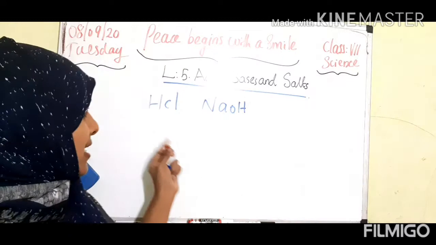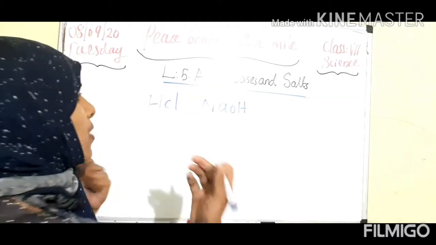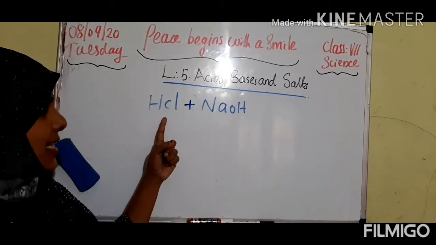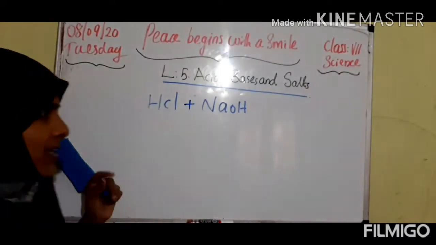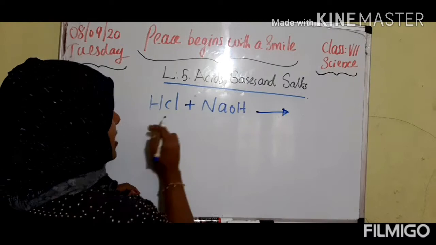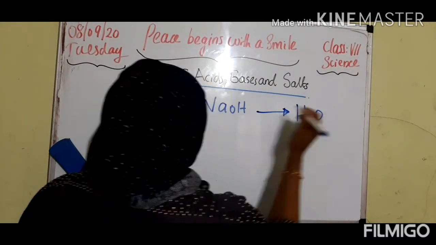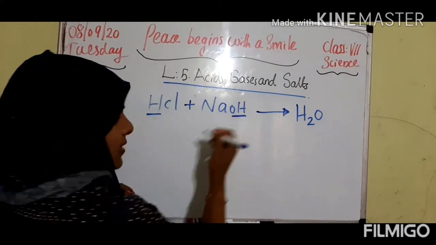What will happen if hydrochloric acid is mixing with sodium hydroxide? Which reaction will we get? We can check it. In this reaction, we will get H2O, water. Here there is H and here OH, right?